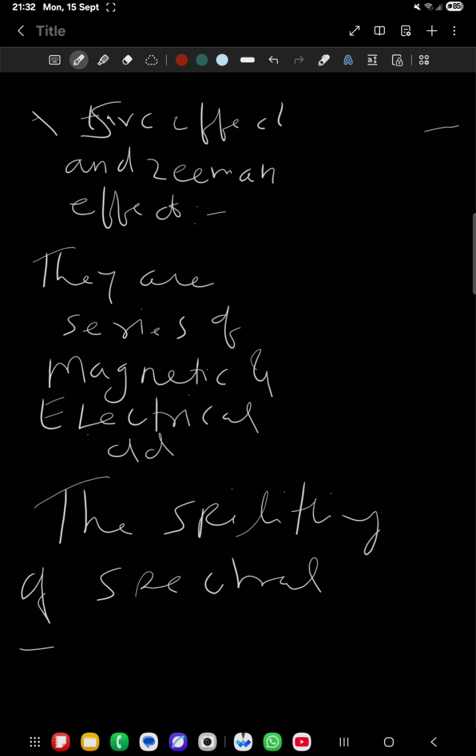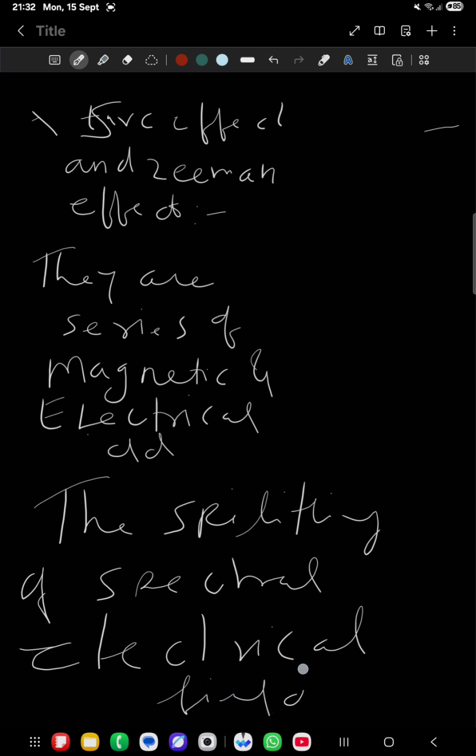Okay, this is called as Stark effect. Look here, this is called as Stark effect. I hope it is clear now what Stark effect is.